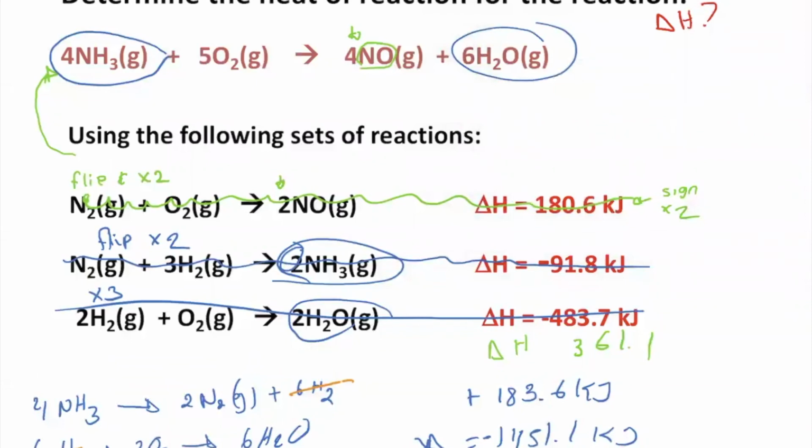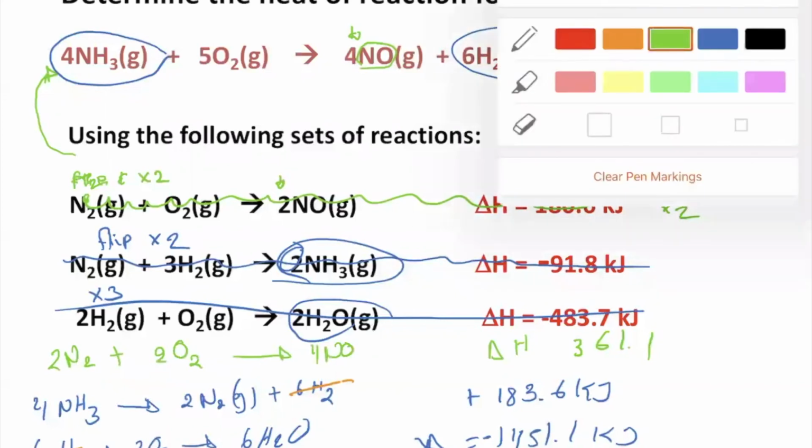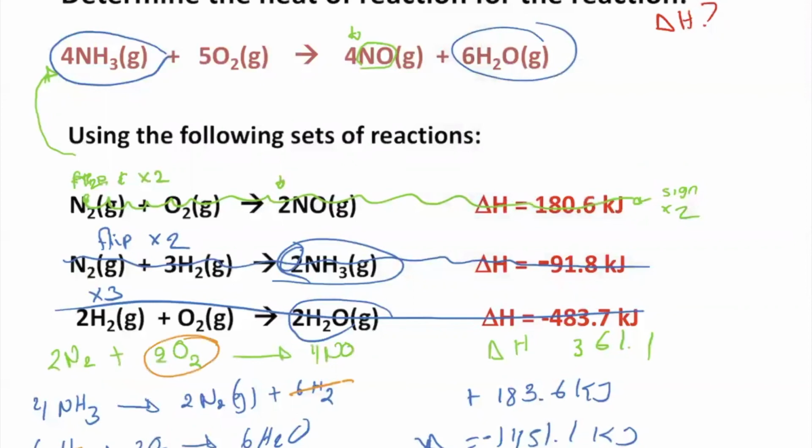You just multiply it by 2: 2 N2 plus 2 O2, 4 NO. There you go. So when you're adding them, you're going to have 2 plus 3 O2s, so 5 O2s. The N2s and the O2s cancel.